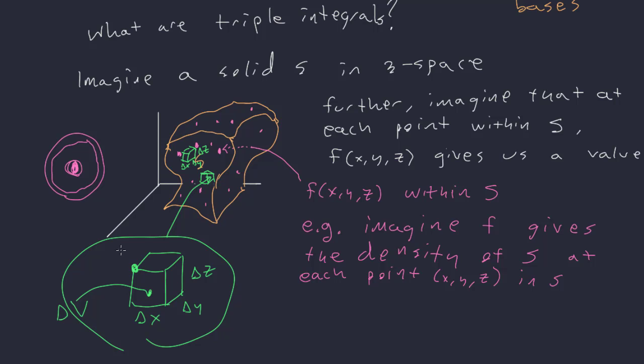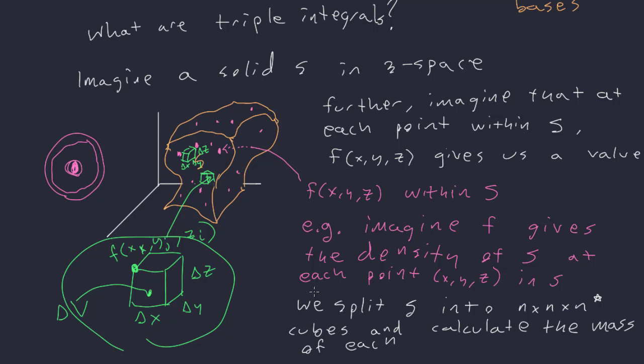It could be at this corner, it could be at this corner, it could be right in the middle. That part doesn't really matter, but we could call that f of x sub k, y sub j, and z sub i. And then just take that as the density of this little cube.